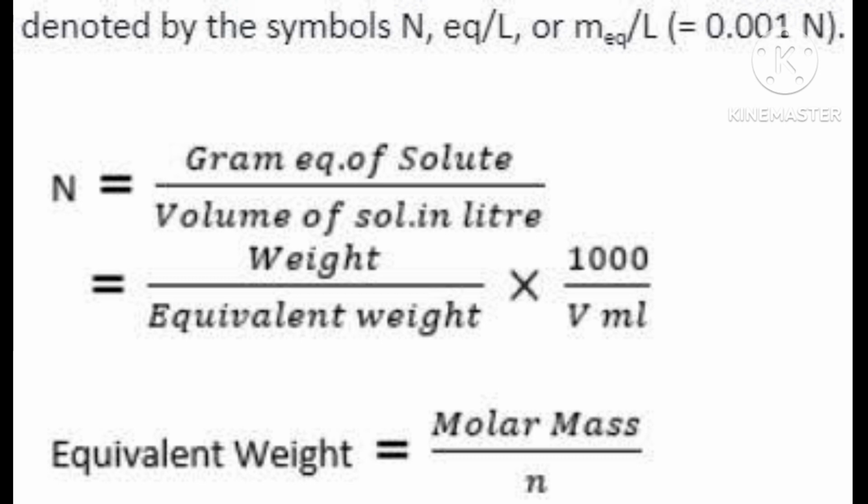Silver salt means RCOOAg. RCOOH is the carboxylic acid; in place of H you write Ag, and then you will get the salt RCOOAg, which is called the silver salt.